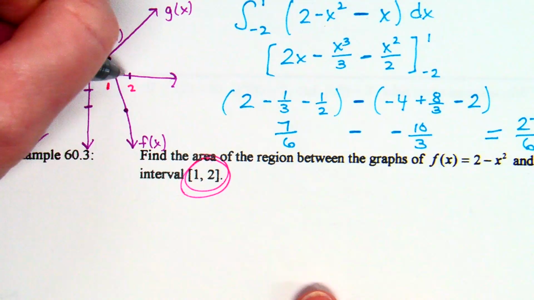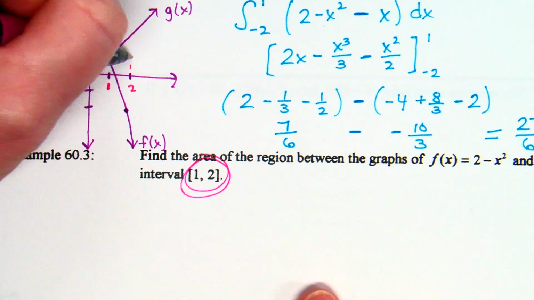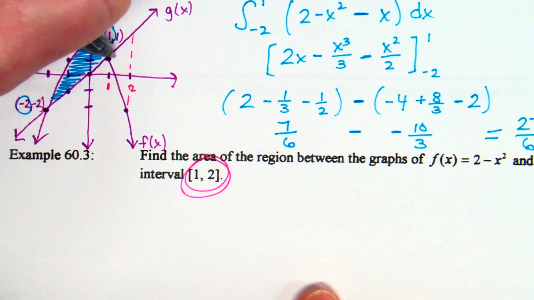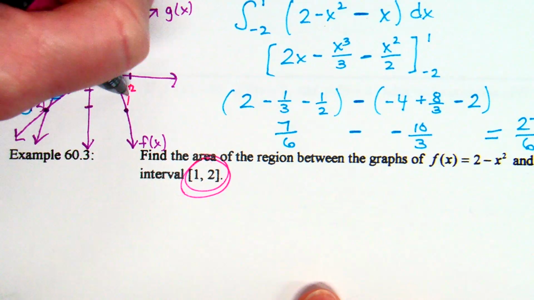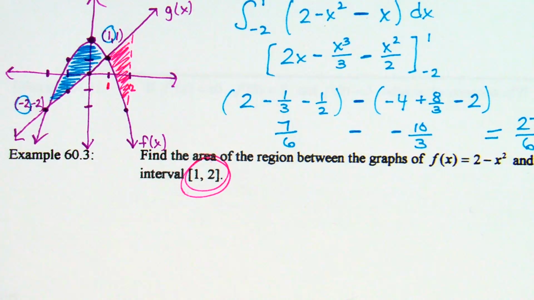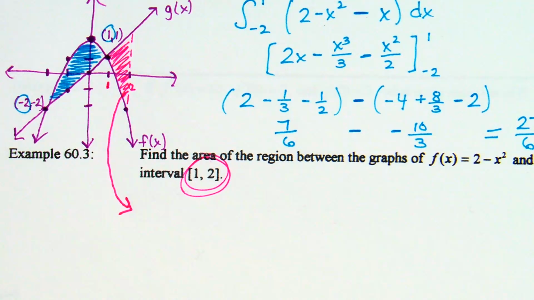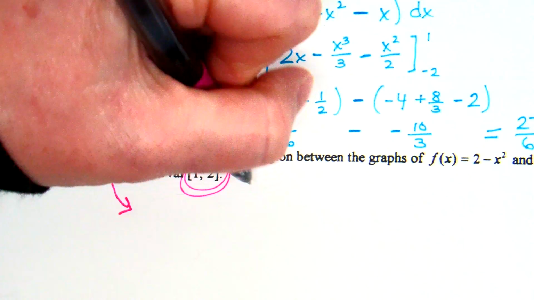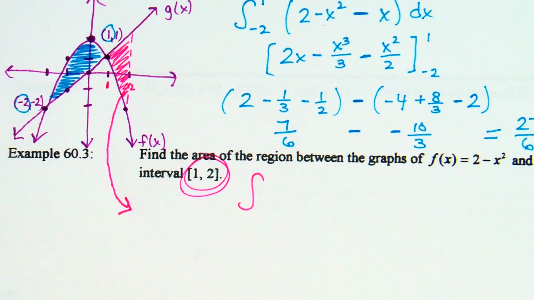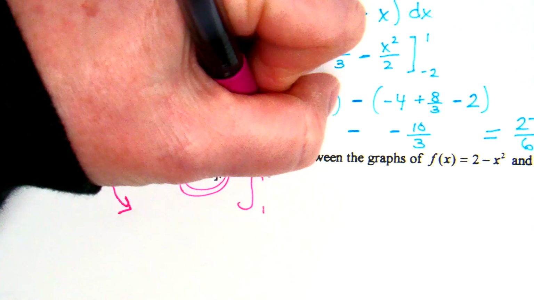And so now we're going to do that section there. So my pink section is going down here. So now it's the integral. My interval is from 1 to 2.